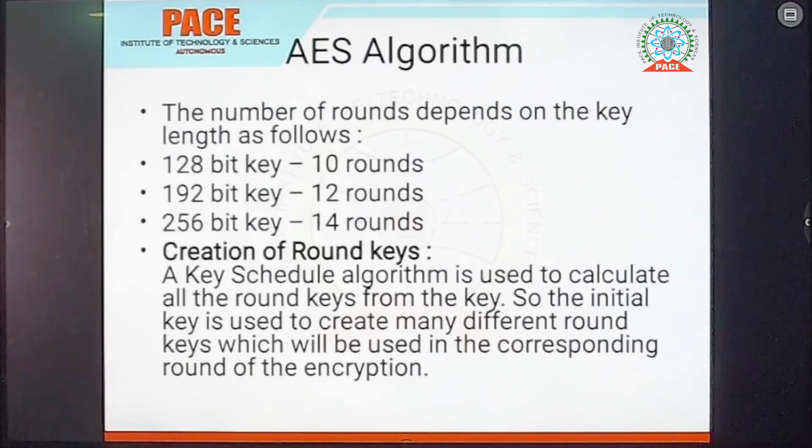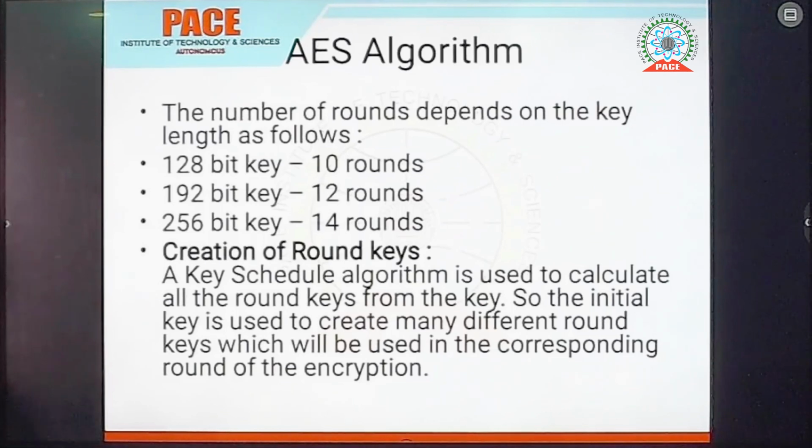For example, a 128-bit key has 10 rounds, a 192-bit key has 12 rounds, and a 256-bit key has 14 rounds.